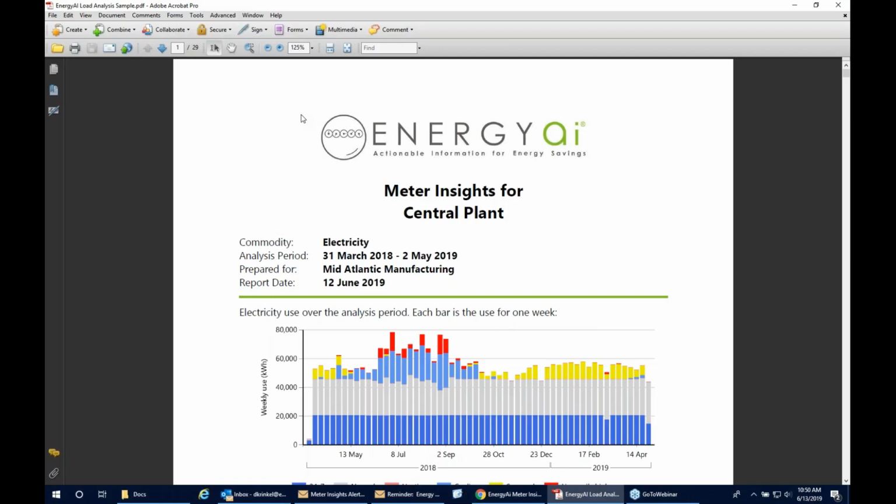We have a fair number of PV system integrators who will use Energy AI basically as a pre-sales tool to show customers what their usage profile looks like, and then they will do their own analysis on top of it and say, here's, by the way, what our PV system may save you.